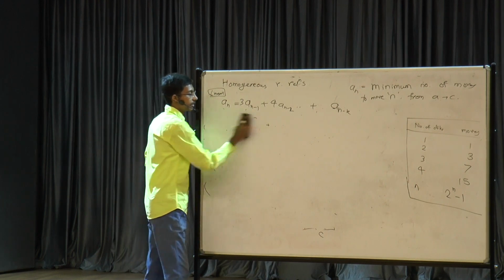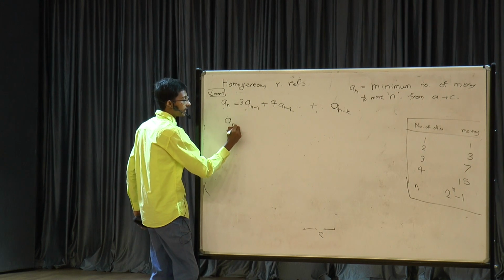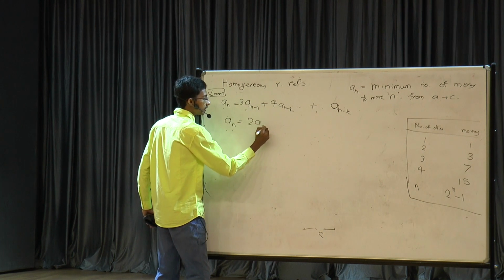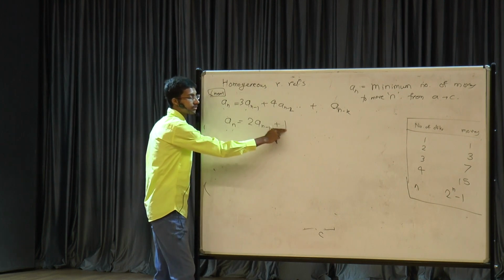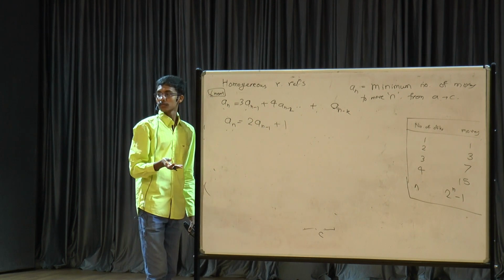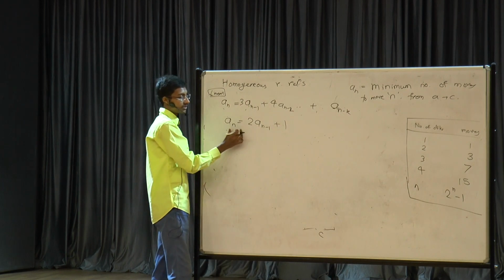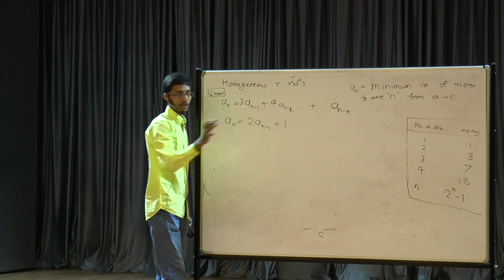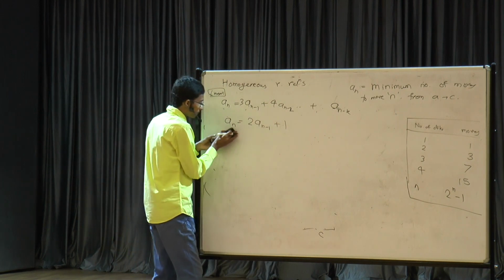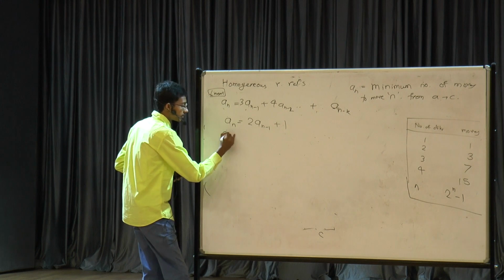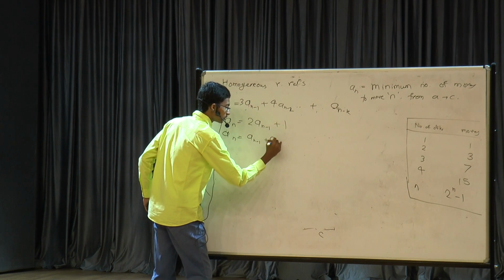Now, for example, for the Tower of Hanoi, what we got the relation was this. The 1 a priori is not a term of your sequence, right? It's not some general formula that you can use for any n. But for the Fibonacci sequence, we had this formula.